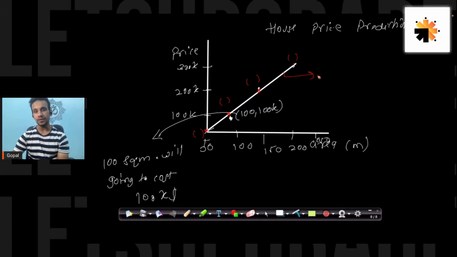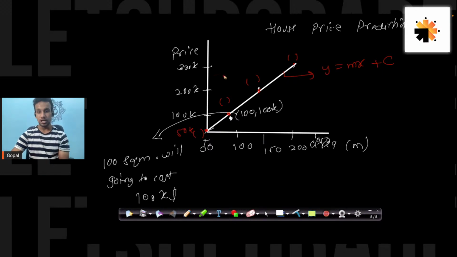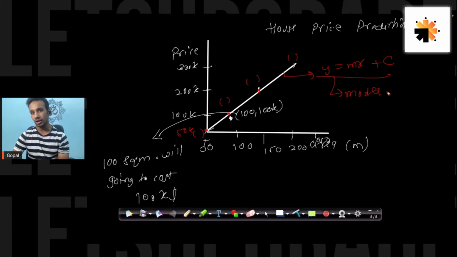This line can be referred to as y equals mx plus c, obviously, because it is not passing through the origin. I did not give 0 comma 0 here, but rather 50k comma 50k, so it is not 0 here. This is nothing but the modeling of price and area, and this line is your model.